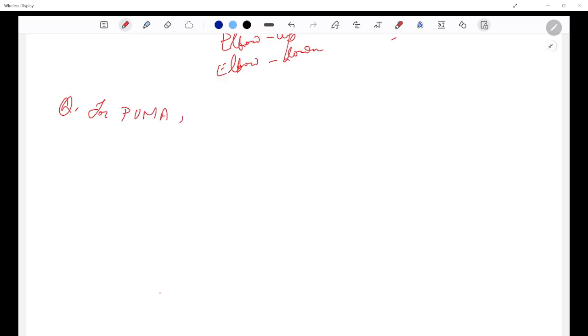For the Puma robot, the DH table is given by this.